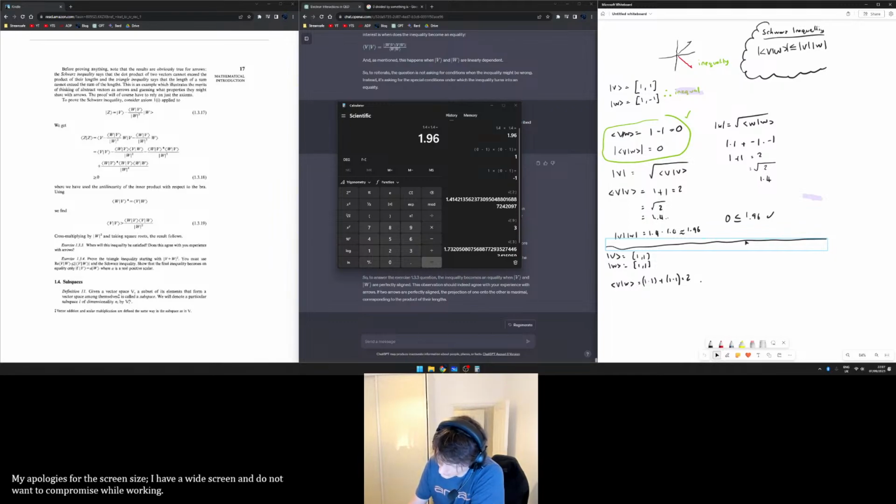And then that's going to be equal to the other side, because v would be this, and w would be this, which means this is the same thing, right?